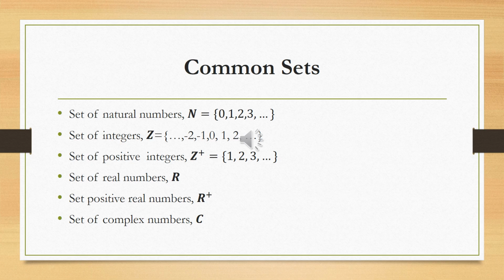The set of positive integers, which we denote by Z+, is almost like the natural numbers, except that it doesn't include 0. The set of real numbers R, which are the real numbers that we know, the set of positive real numbers, which we denote by R+, and the set of complex numbers, which we denote by C.